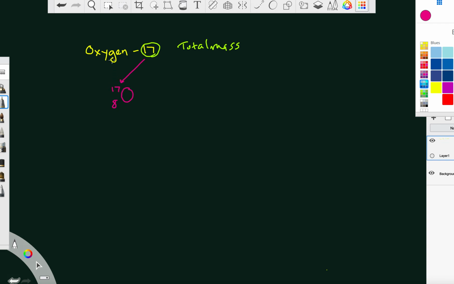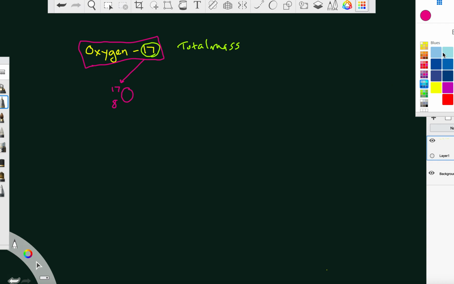So these two things, this oxygen 17 and this symbol down here, oxygen 17 with 8 protons, are exactly the same. So I want to do one last time.